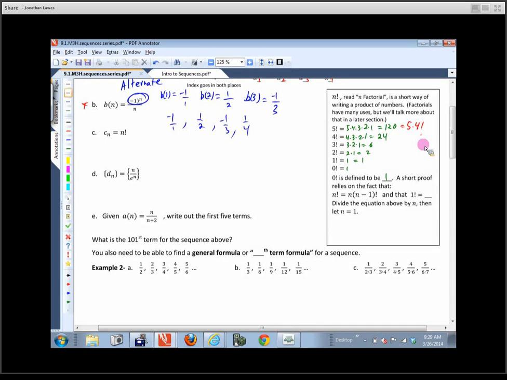Now, if we use that fact and the fact that 1 factorial is 1, divide the equation up here by an n. So this is going to be n factorial over n equals n minus 1 factorial over n. This is going to cancel, right?